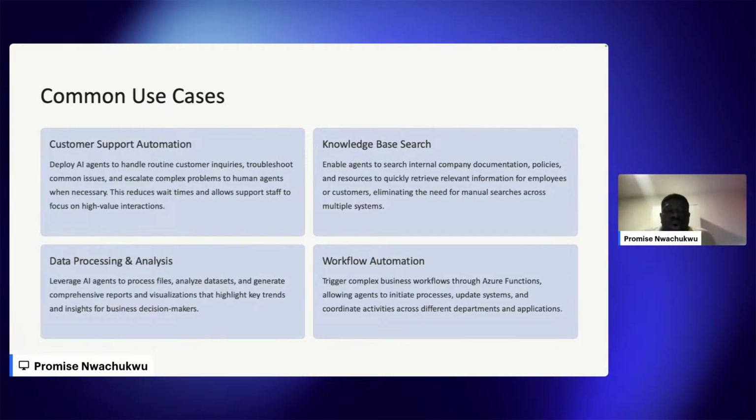So that is one very important use case for Azure AI agents. The next is the knowledge-based search. You can configure your AI agents to help you go through a certain kind of research about a certain topic, right?